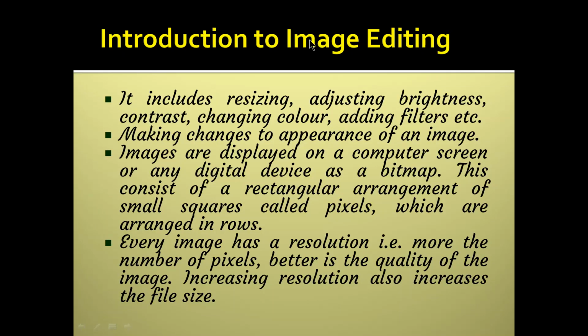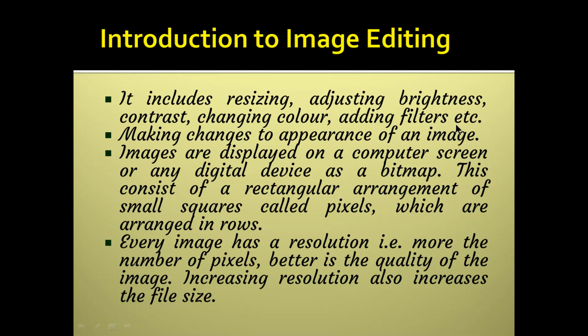Now let's have an introduction of image editing, which is a basic feature or basic property of GIMP, right? What is image editing? It includes resizing, adjusting. What adjusting? Brightness of your image, the contrast of your image, changing the colors of the images and adding different types of filters.